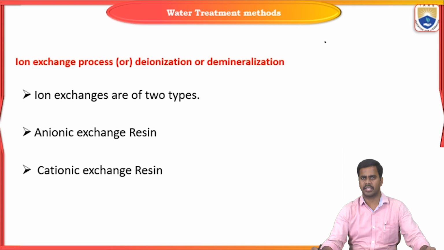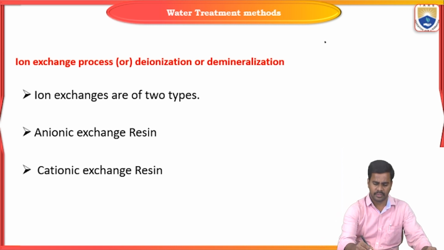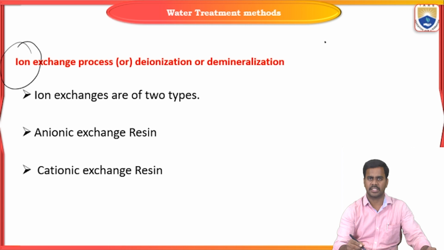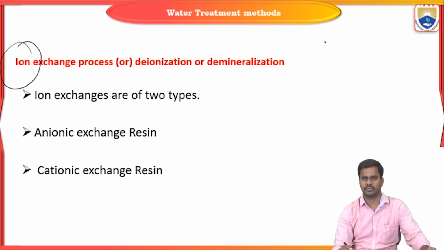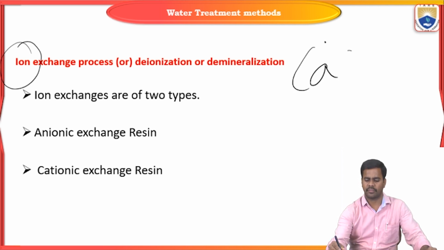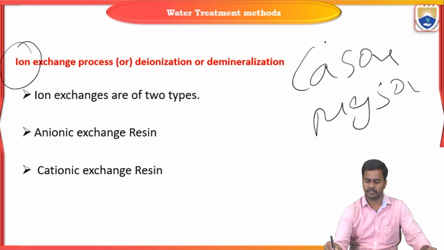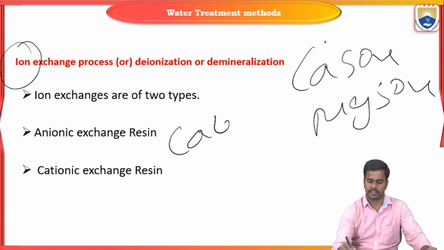What we can understand by seeing the title of this technique, ion exchange, is that the ions are the hardness producing ions. We know which types of ions cause hardness to water, for example calcium sulfate, magnesium sulfate, calcium carbonate, magnesium carbonate.